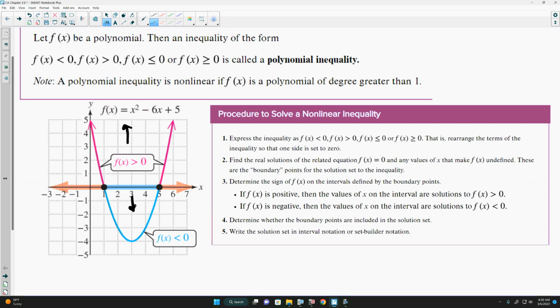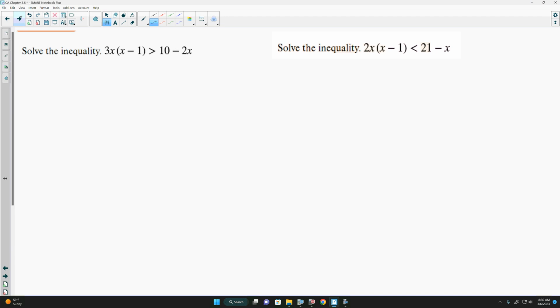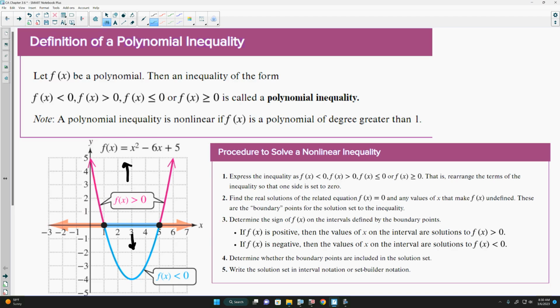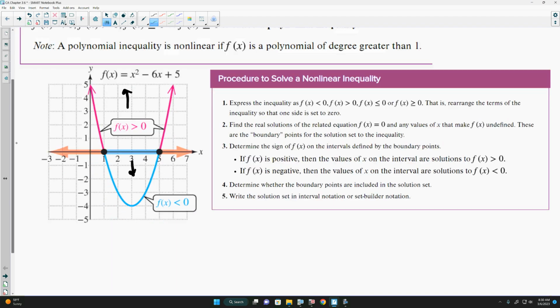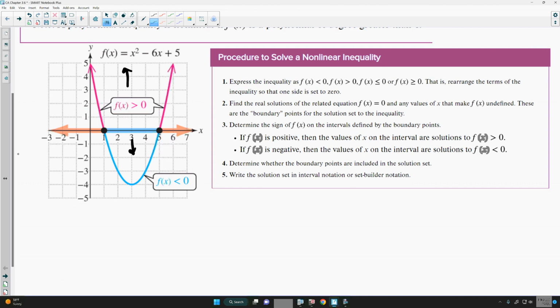Now in the solution set, if it's just greater than or less than, the points where it crosses the x-axis would not be included. If it's equal to 0, then they will be. Parentheses and brackets, open circle, closed circle. That's all it's saying. So, like this here, x squared minus 6x plus 5, well, its solutions are 1 and 5.